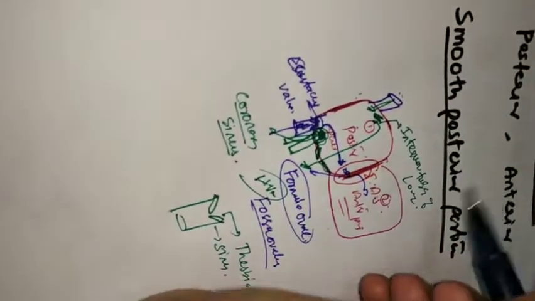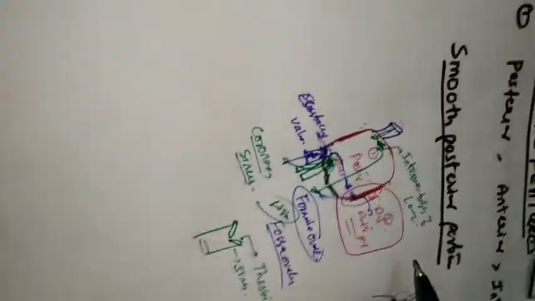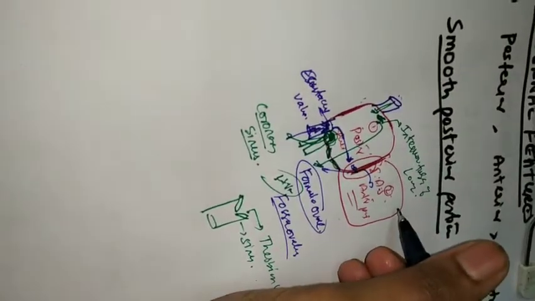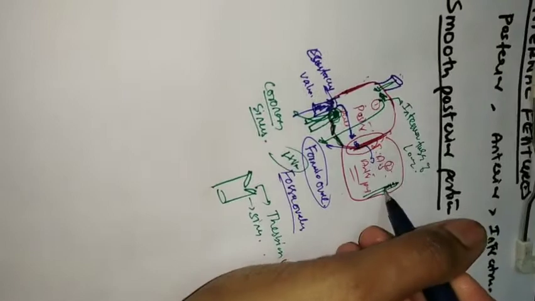Next is the rough anterior part. As I told you, in the anterior part you have the crista terminalis.